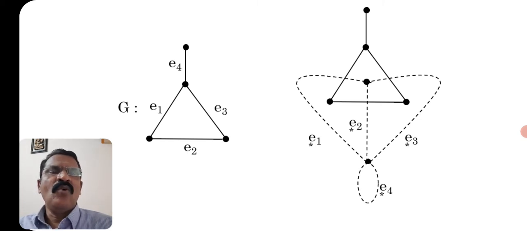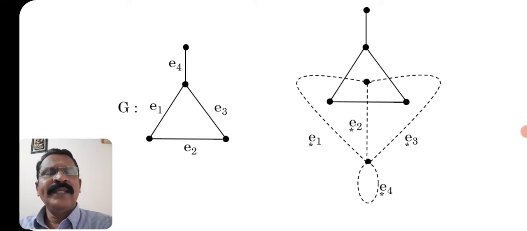Now E1 is a common boundary edge between the interior face as well as the exterior face. So you have to take one edge E1 star joining or crossing the edge E1. It implies we have joined the vertex which is interior to the region and one vertex corresponding to the exterior region by the edge E1 star.